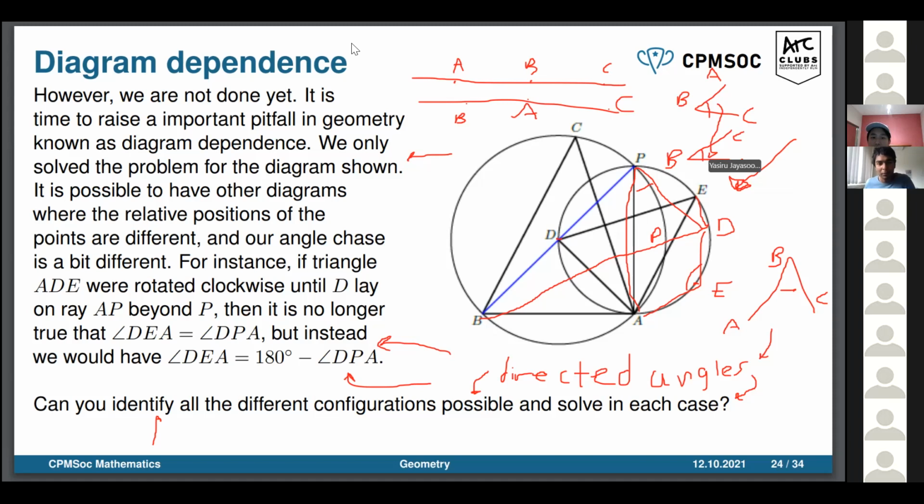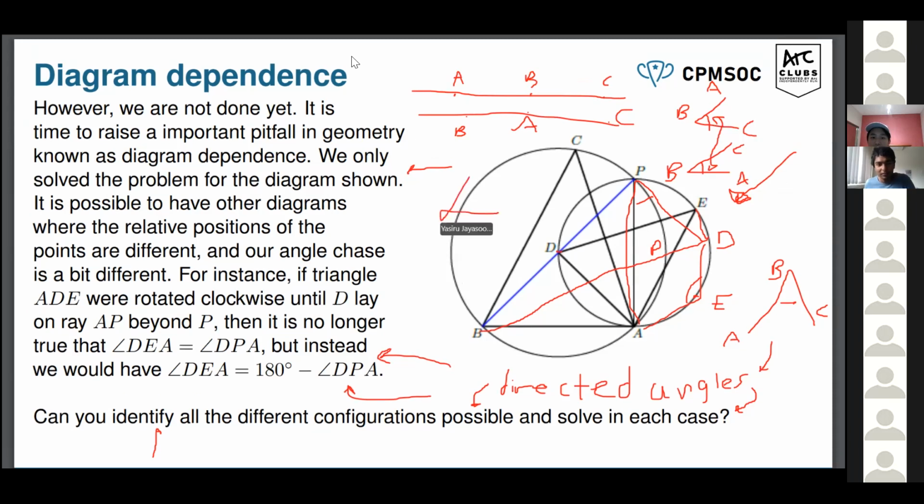And if you have two supplementary angles, ABC and ABD, here ABD and ABC are actually the same angle in directed angles rather than adding up to 180.